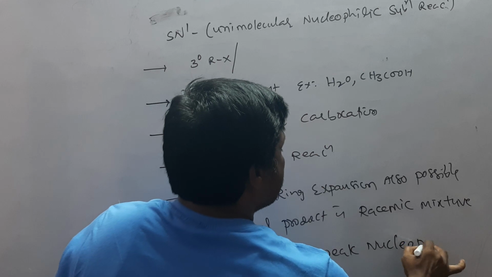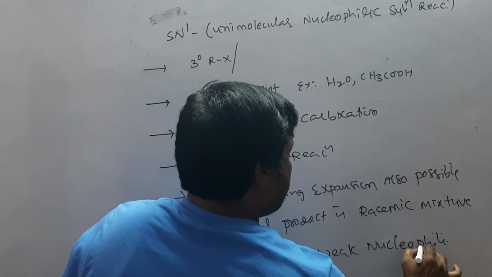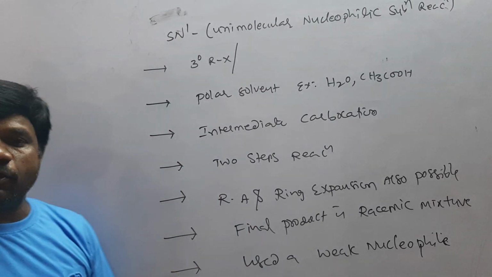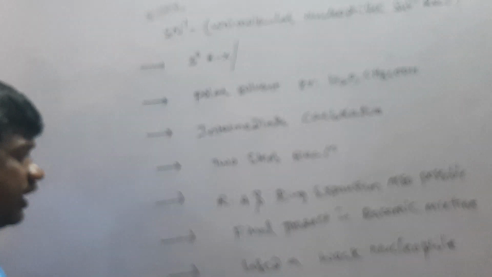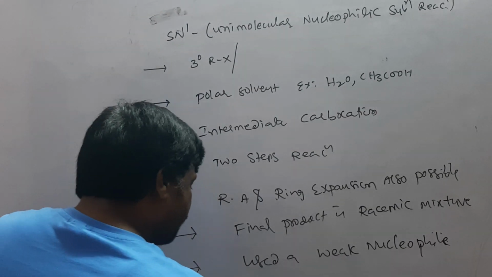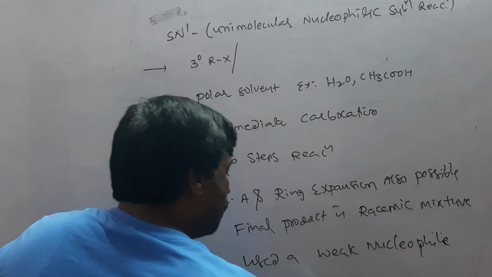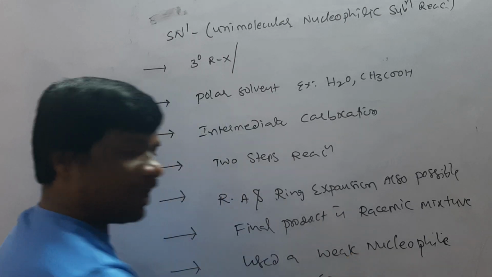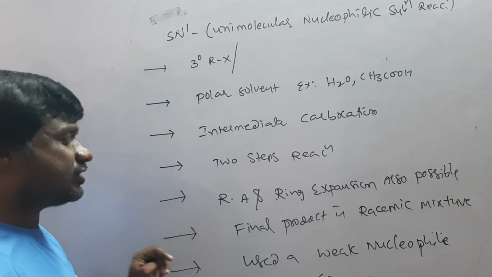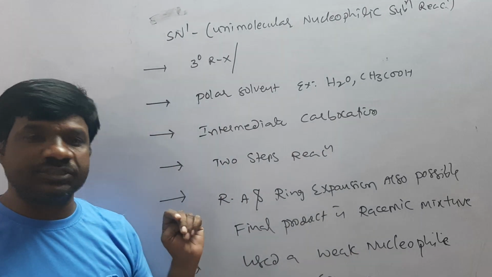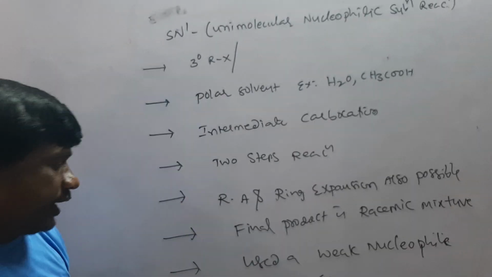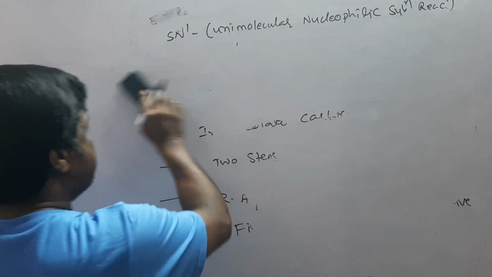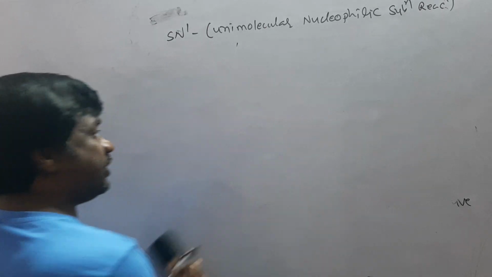If it is a strong nucleophile, that is SN2; with a weak nucleophile, it is SN1. The rate of reaction depends only on the tertiary alkyl halide. It is a first order reaction.